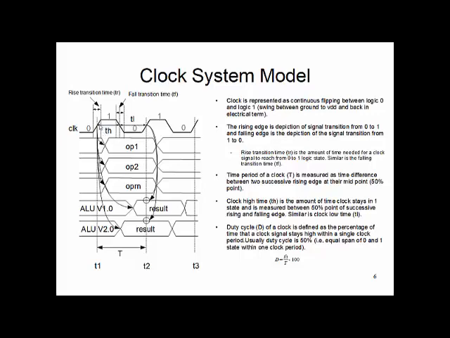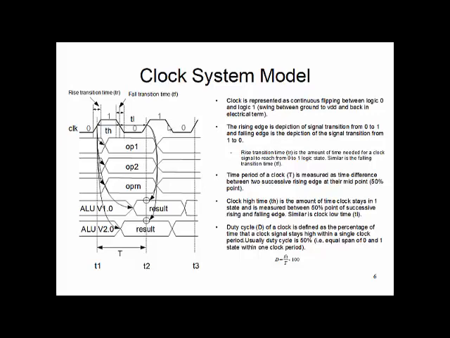If you add up T high and T low, that's your time period. So the time period is the 50% point of the first rising transition to the 50% point of the second rising transition. Looking from the falling transition perspective, 50% of the first falling transition to 50% of the next falling transition is also your time period.